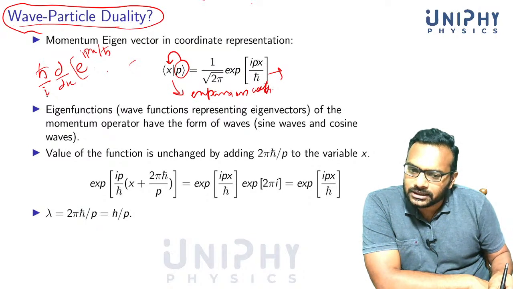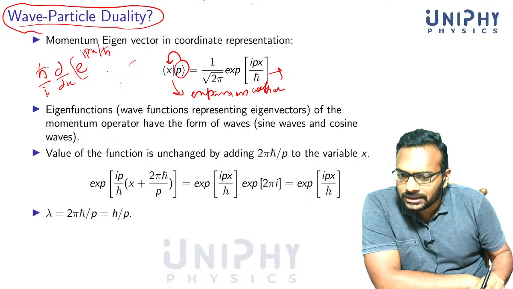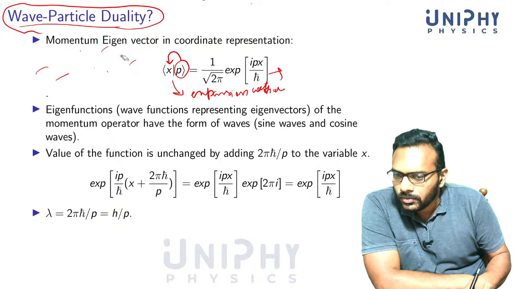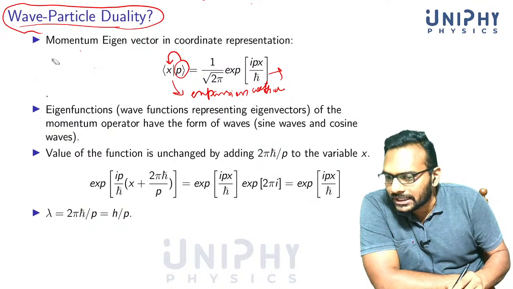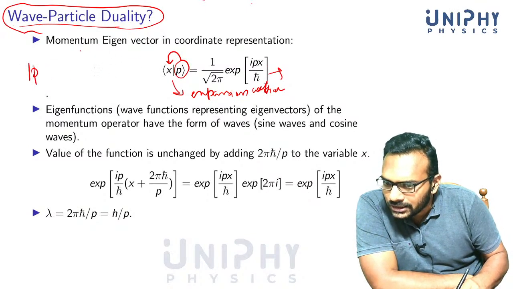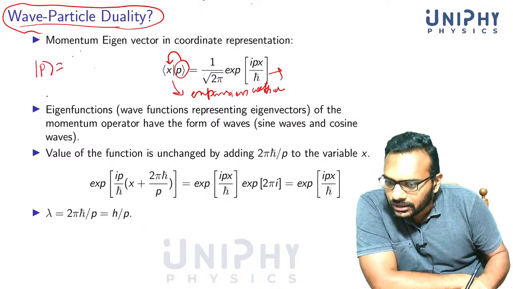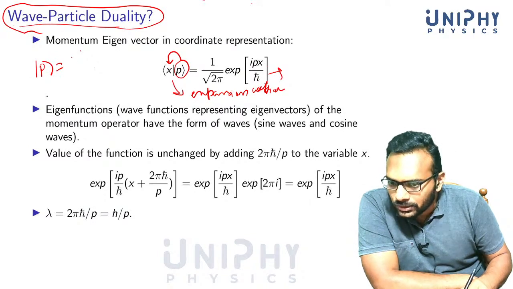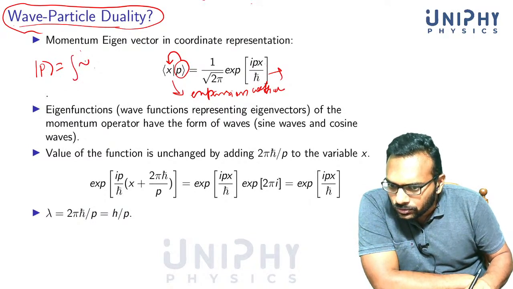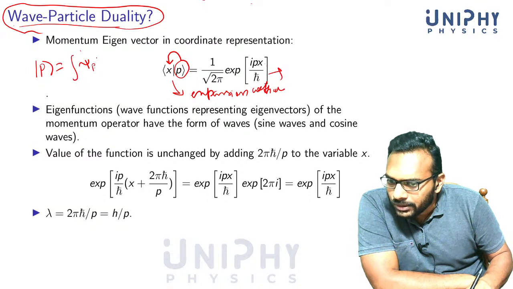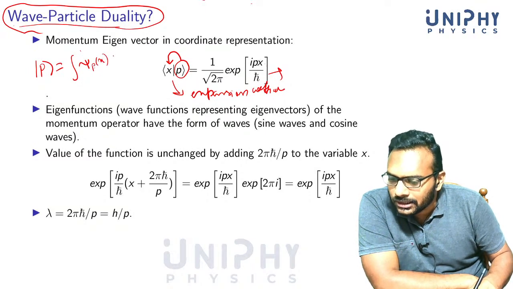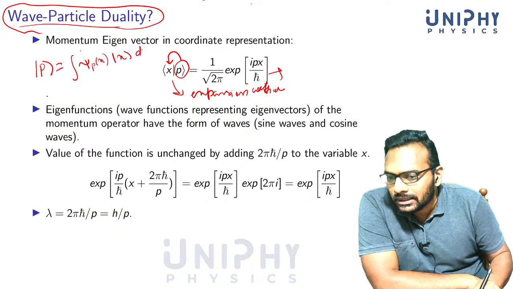Expansion coefficients. This means that if you want to expand the momentum eigenvector in terms of the coordinate basis, what you do is that you integrate, this is equal to the integral of some psi p of x, ket x, dx.